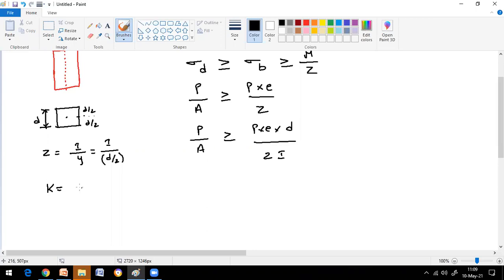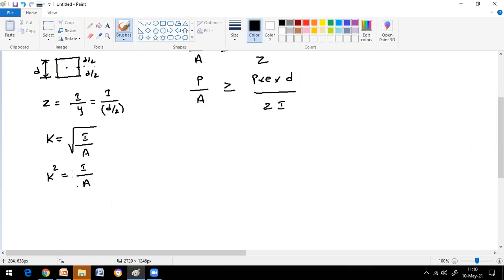K is equal to root of I by A. What is k square? k square is I by A. So what is I? I is equal to k square into A.